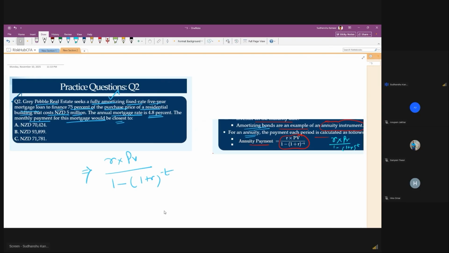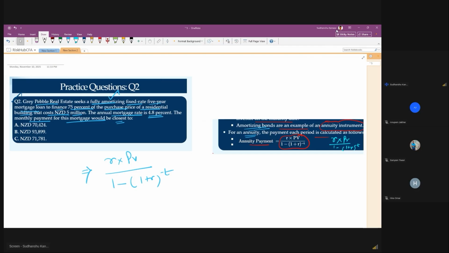If you don't remember this formula, you can't even start this question. There is no way you can make a head start if you don't remember the exact formula. Now R I can find, it is even given in the question. T also I can find. What about the PV? How do I find the PV?